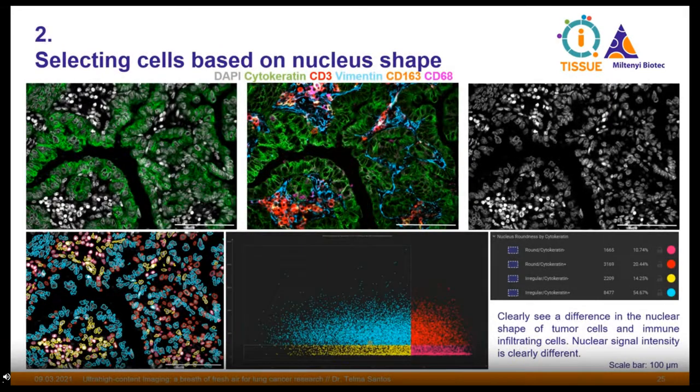As a second strategy here, I wanted to include a quite different feature that you wouldn't have by doing flow cytometry, which is to look at the shape of the cells. So here you have the DAPI in gray with the green being the cytokeratin, so the tumor cells. But you can also see just the DAPI image here.